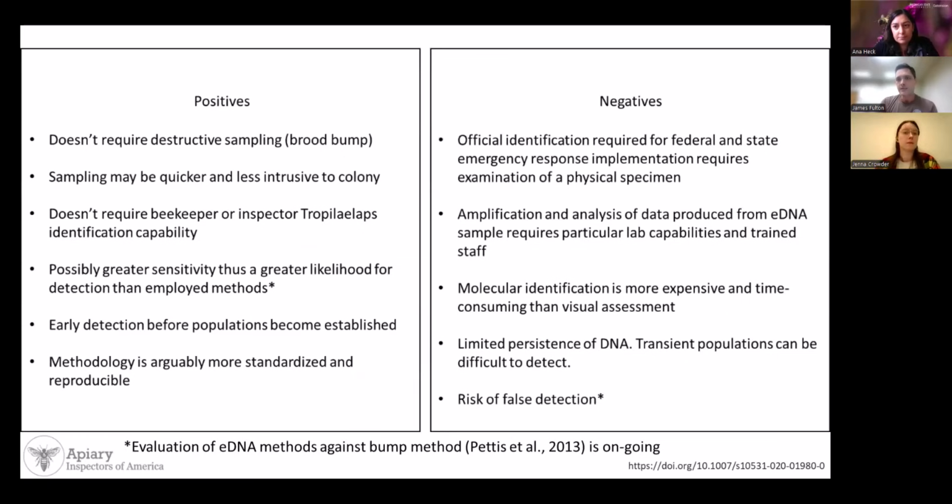There are positives and negatives with this methodology. As Jenna mentioned, official identification is only going to occur with the hand specimen intact at a USDA APHIS facility. So even if you had nucleic acids that sequenced as Tropilaelaps, that would not be considered a positive identification. You would need that physical specimen intact.